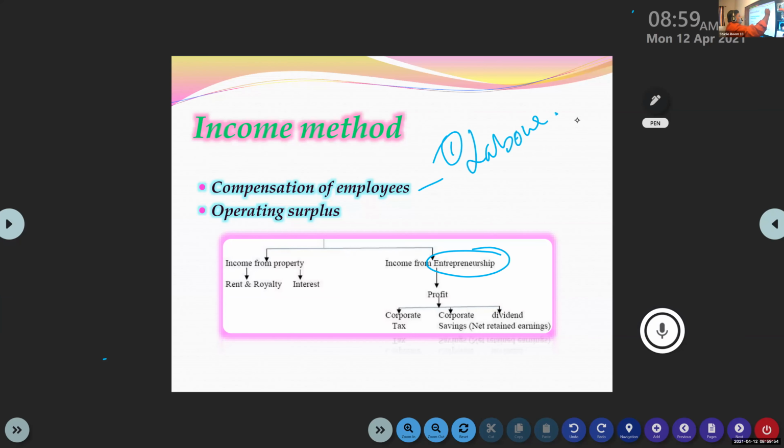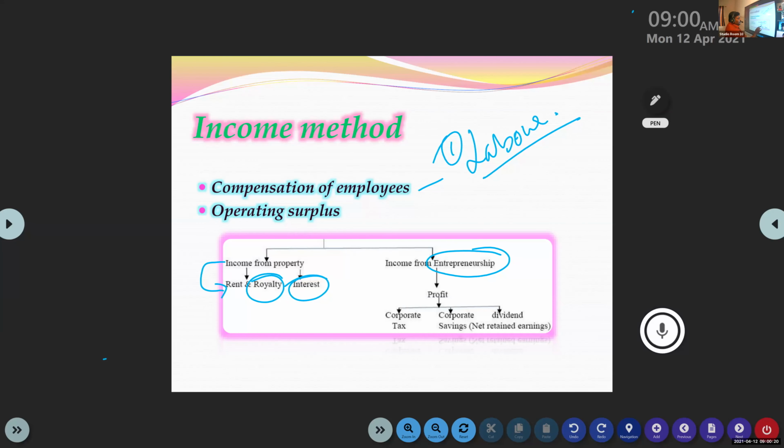Again, next three factors are there. What are they? Land, capital investment, organizer, then one extra. What is that? Technology. Okay. So income from property, we give it as what? Rent. Royalty, we know that it is for the technology. Interest, we know that it is for the capital. And for the entrepreneurship, what is that? Profit is left. Clear or not?